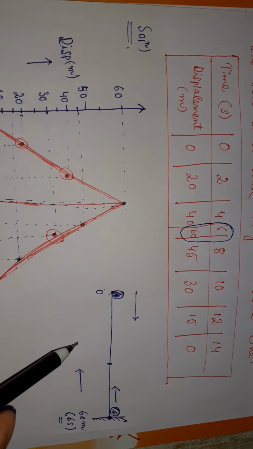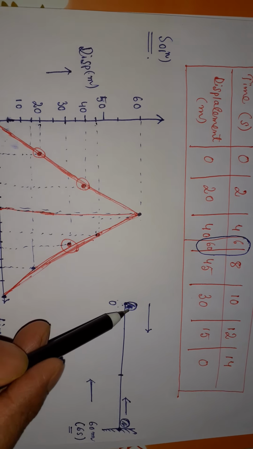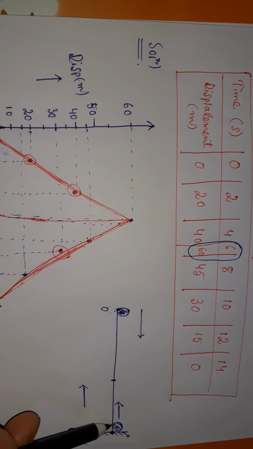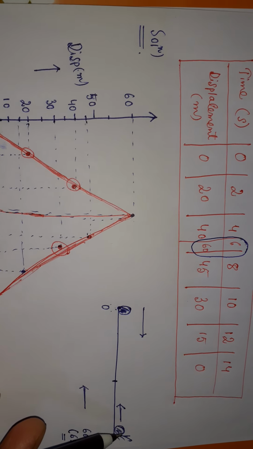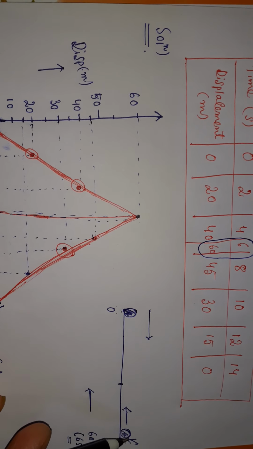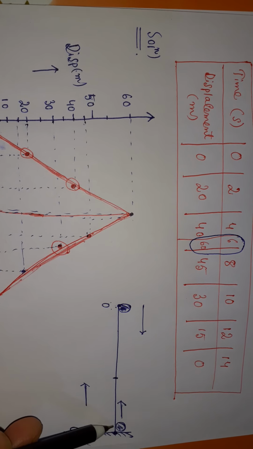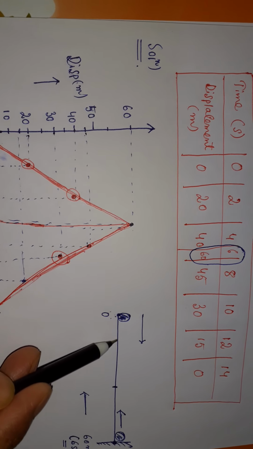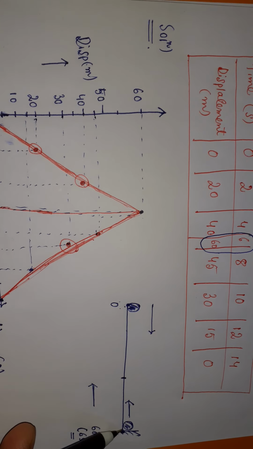First of all, keep one thing in mind: when the ball hits the wall, at the time of hitting, the velocity of the ball will come to 0. So at 6 seconds, the ball will cover the maximum displacement or maximum distance.